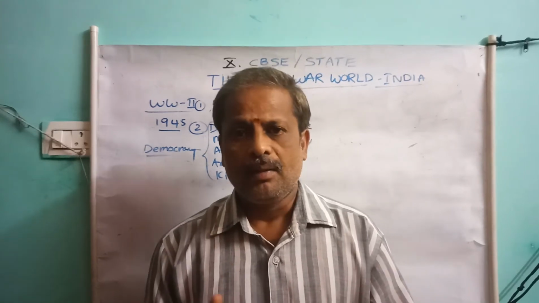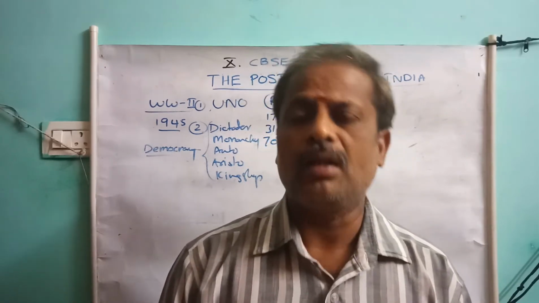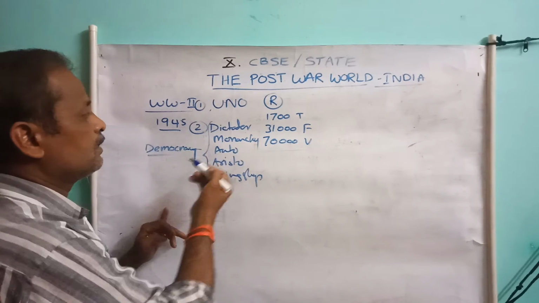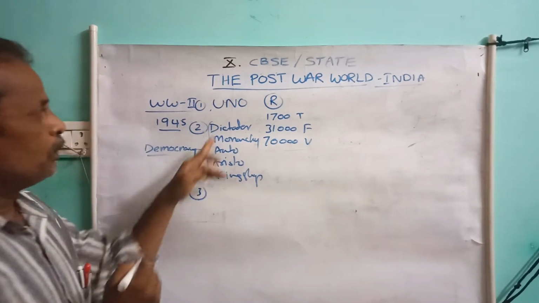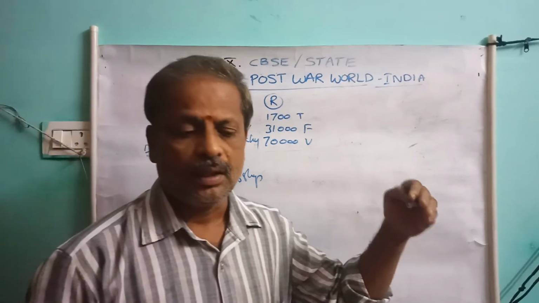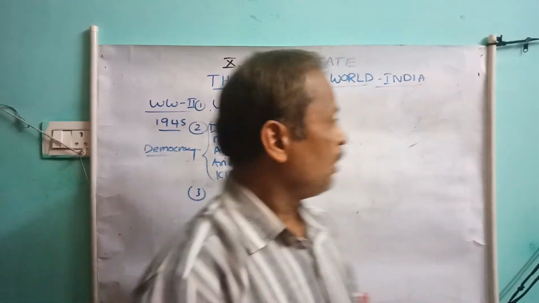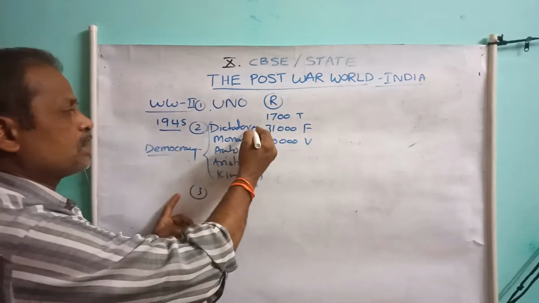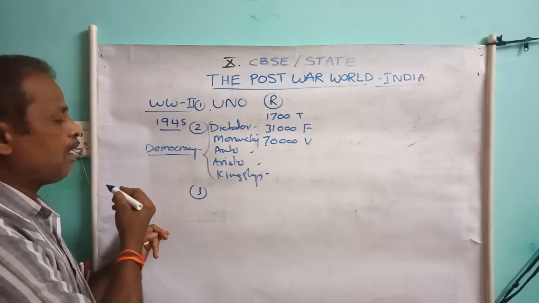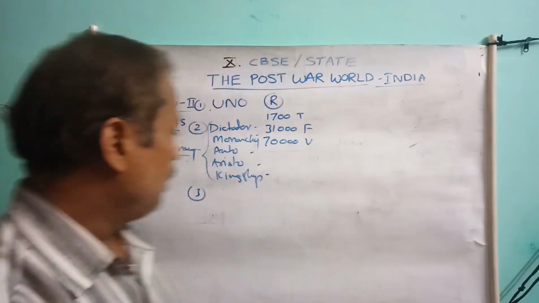In this way, every country got damaged by World War II. And among all these changes, UNO was formed in 1945. Now also it is working successfully, and many world countries have changed their systems and are now following democracy.